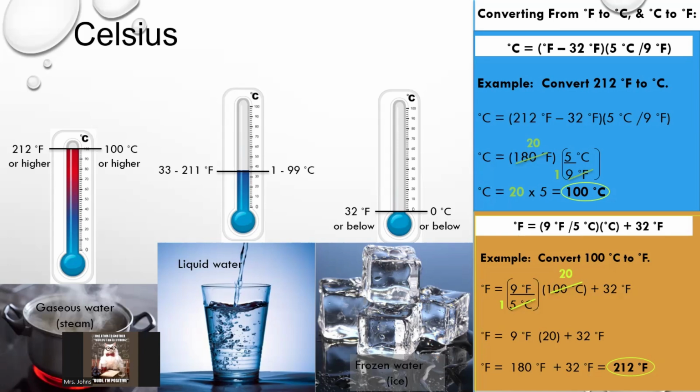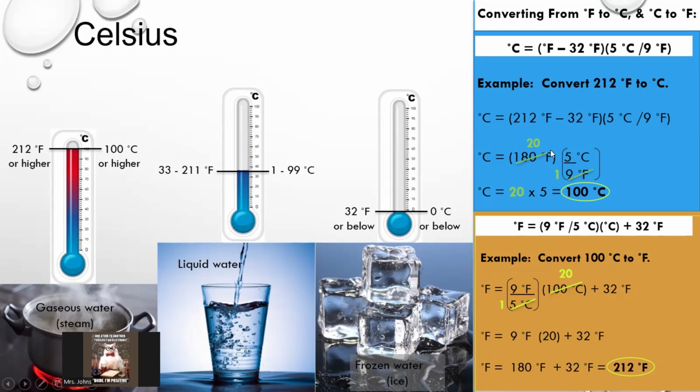So here we go. Degrees Celsius equals, so we plug in 212. So 212 minus 32 degrees Fahrenheit gives us 180 degrees Fahrenheit. And then we have to multiply that times 5 degrees Celsius over 9 degrees Fahrenheit.